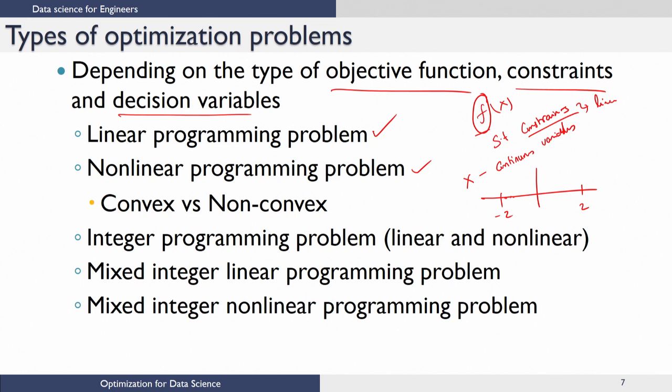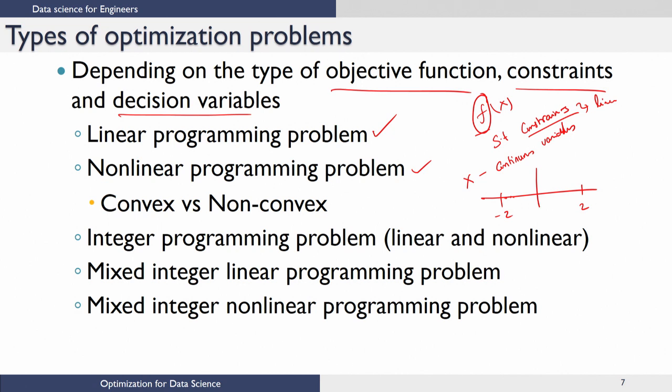In general, people used to think nonlinear programming problems are much harder to solve than linear programming problems, which is true in some cases, but really the difficulty in solving nonlinear programming problems is mainly related to this notion of convexity.